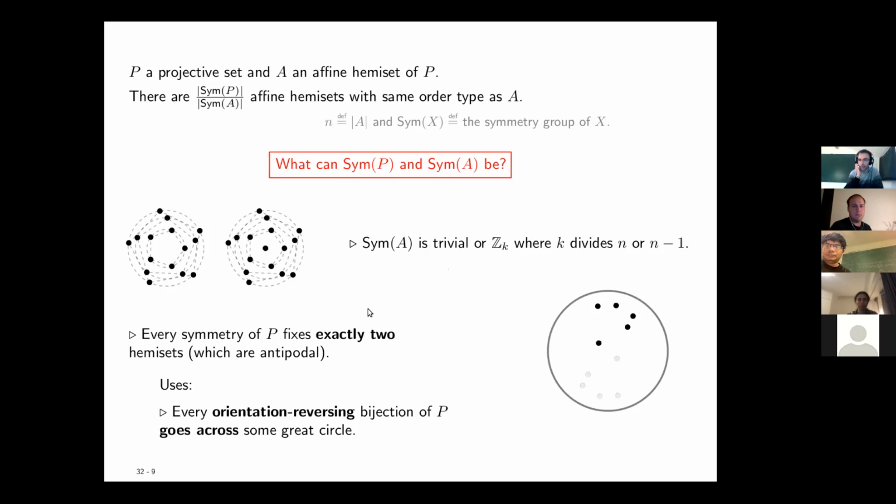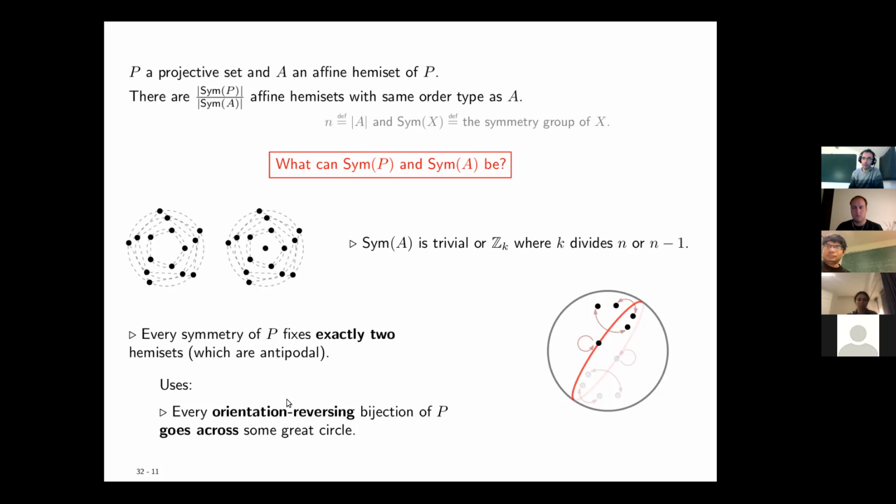And one of the ingredients that was quite surprising is that we could prove that for every orientation reversing bijection, so if you take a map from P to itself that reverses every orientation, there has to be a great circle that contains every point that is mapped to itself and that separates every point from its image when a point is mapped to something else.